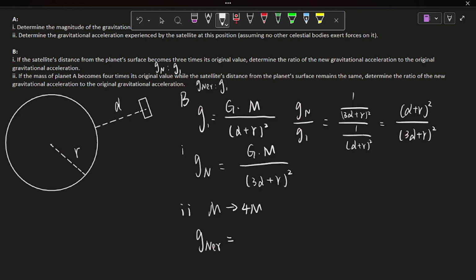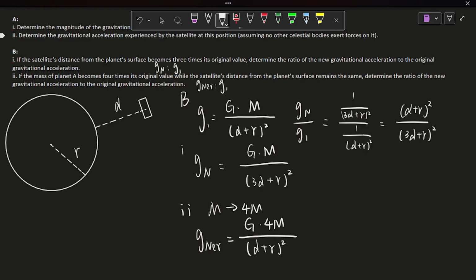It's equal to G times the new mass of the planet, which will be 4M, over the distance, which doesn't change, right? The distance between the centers of mass doesn't change. It's still d plus r, because only part 1 changed the distance between them.